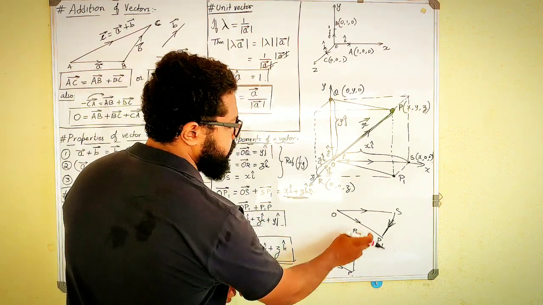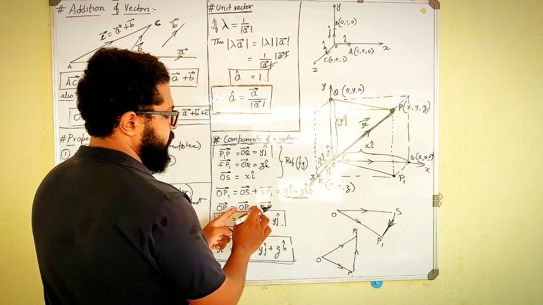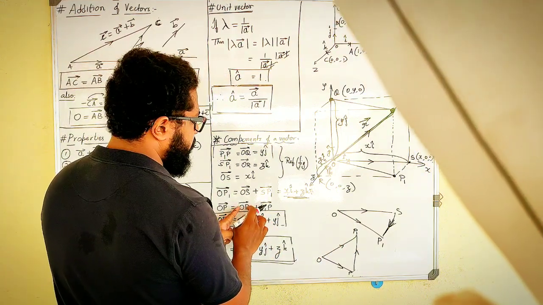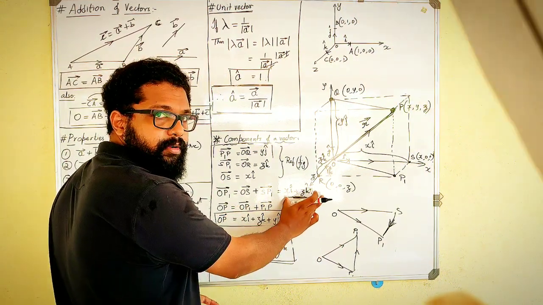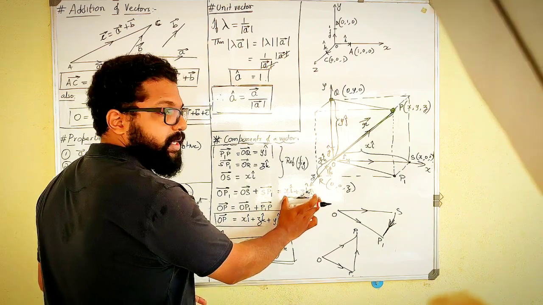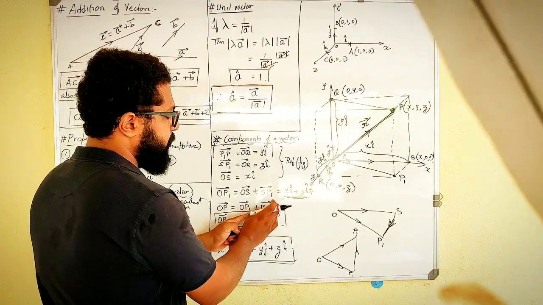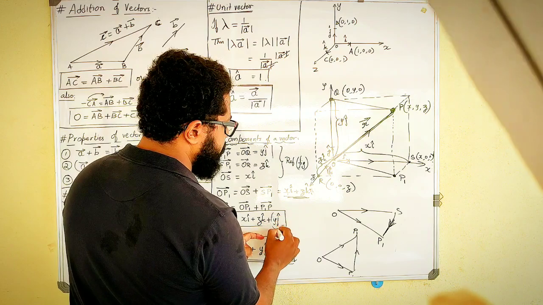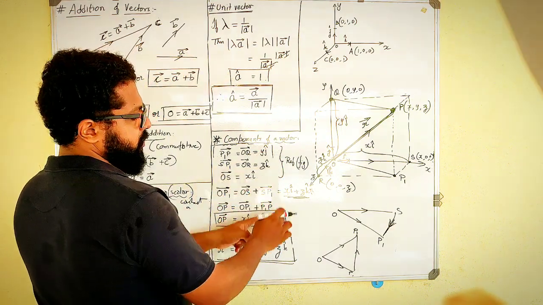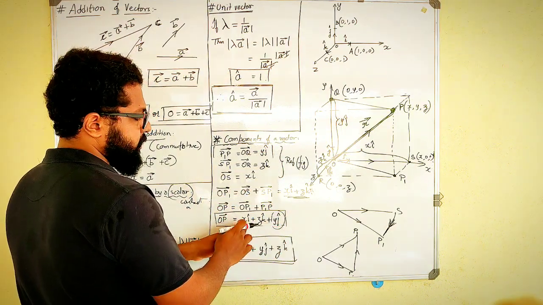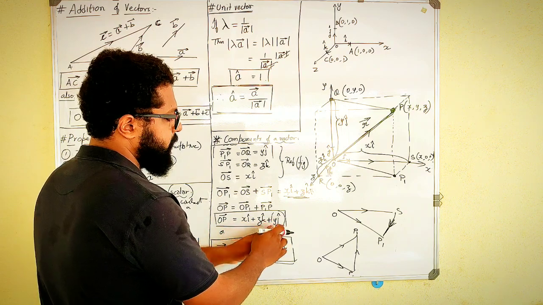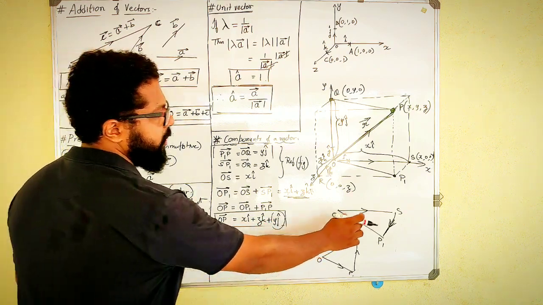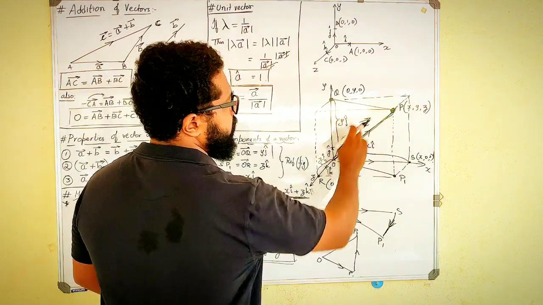This vector plus this vector will give me this vector, which means OP1 vector I have already found out, that is XI plus ZK cap, and PP1 vector is nothing but YJ cap. This XI plus ZK cap plus YJ cap is nothing but the component of OP vector.